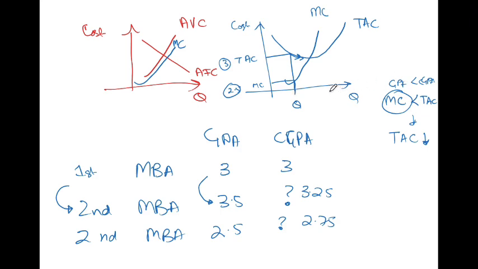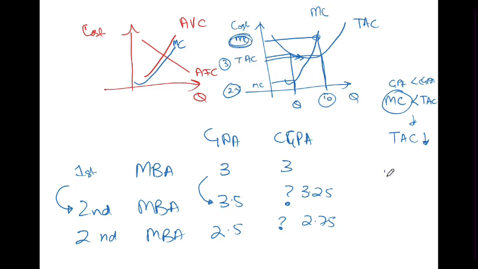However, let's say you are producing this amount of goods. At this point, the marginal cost is this, whereas the average cost, when you go from here up to the total average cost curve, is maybe this or the same. You notice that in this scenario, the marginal cost is greater than the average cost.